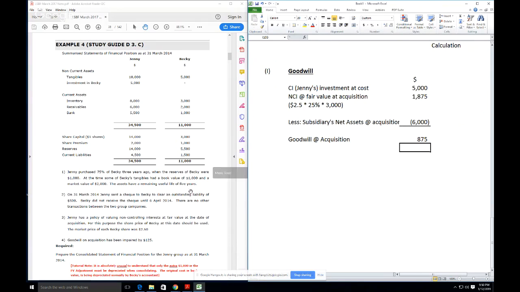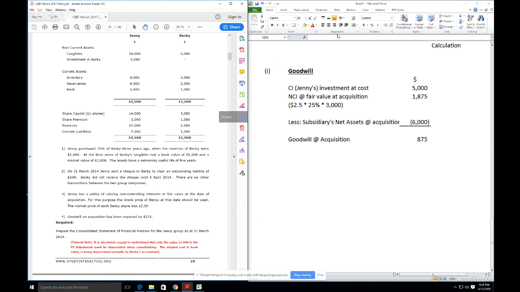Goodwill. But I'm sure there's impairment here, so let's go down and see. It says, note 4, goodwill on acquisition has been impaired by 125. Very good. We now say less goodwill impairment. The question says 125.